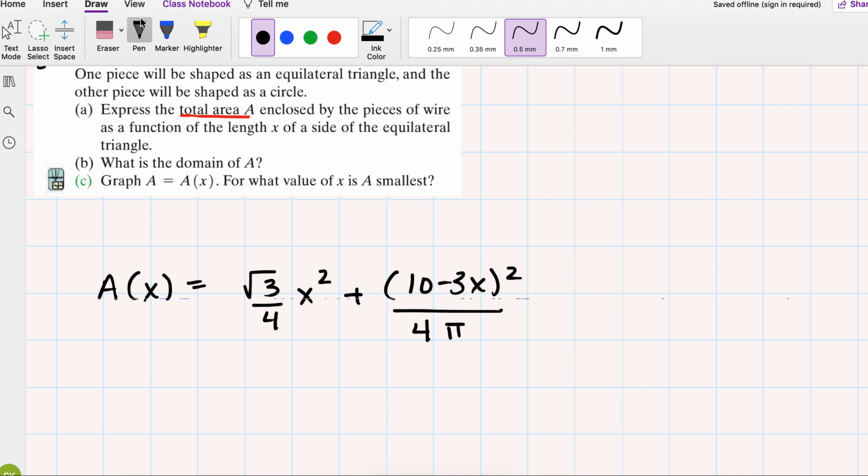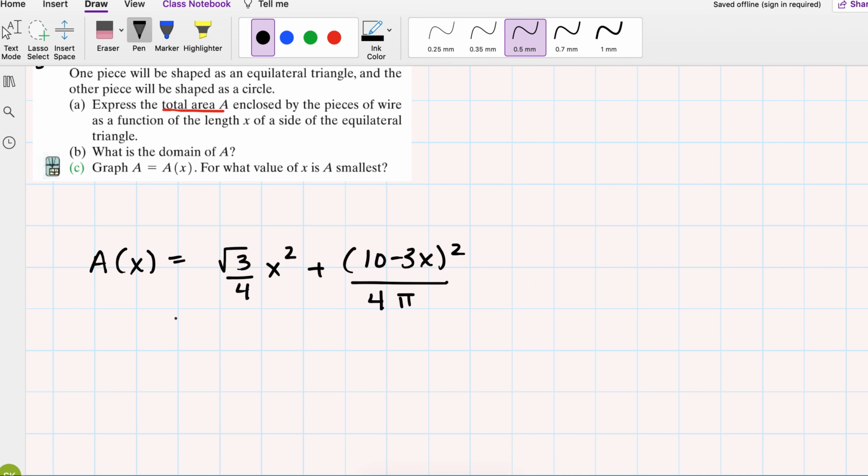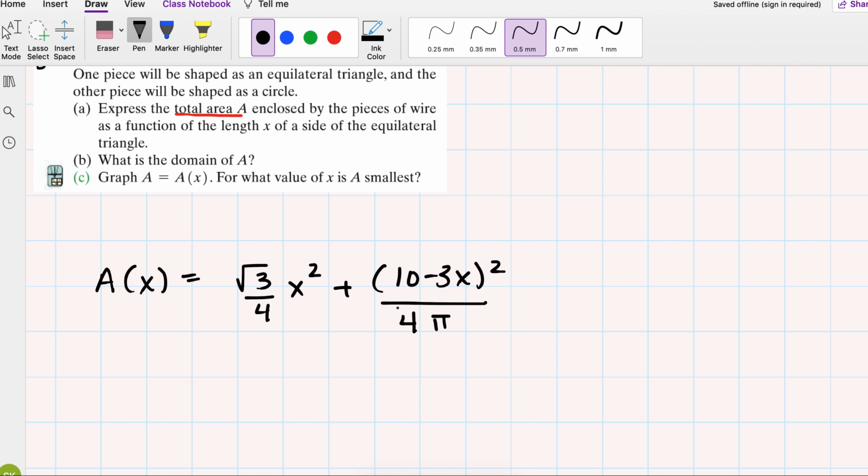You can see that the x's are in the numerator. I have an x here and I have an x here. And there's no x under a square root. There's not an x in the denominator. So if I just gave you this function, you would say, oh, the domain is all real numbers, which is true for the function, but for our problem, not necessarily.